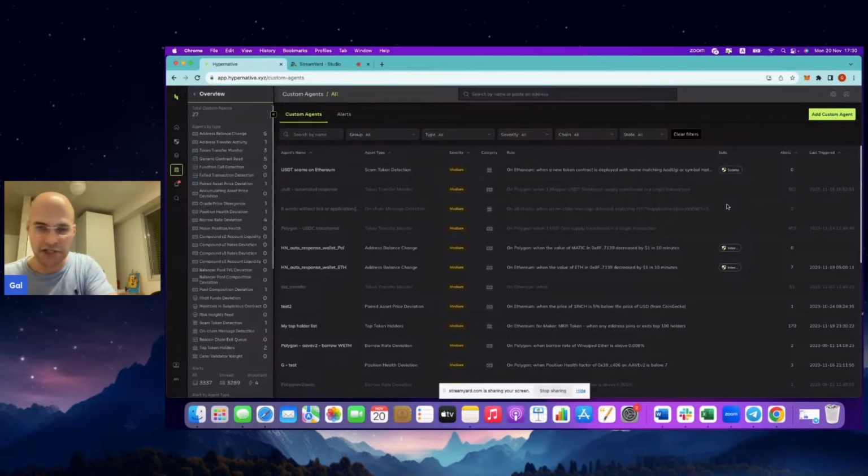You can check a few things together and then add them. You can check things historically as well, because we index and keep all of this information. So you can have things over time or in one transaction. And we run these kinds of checks, or custom agents, for you every block.